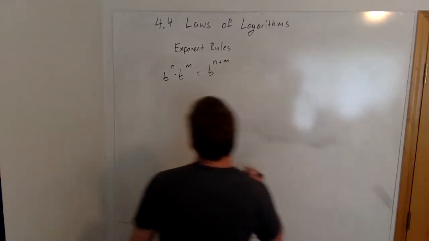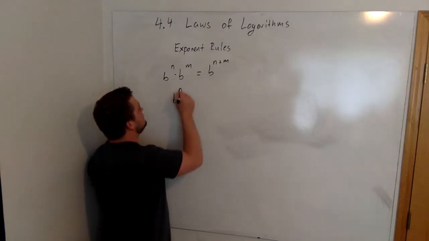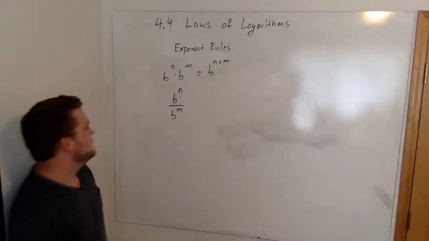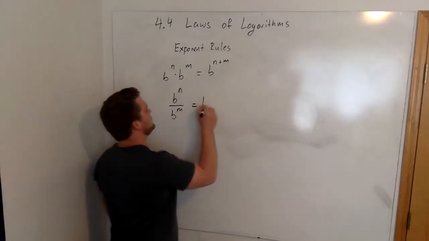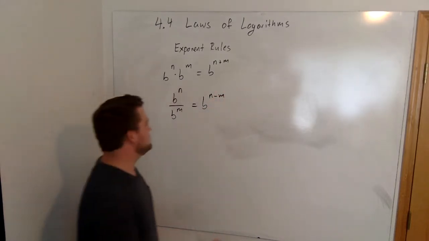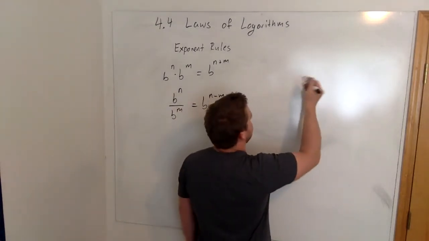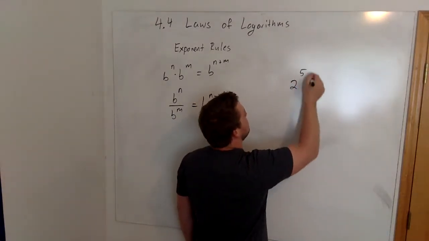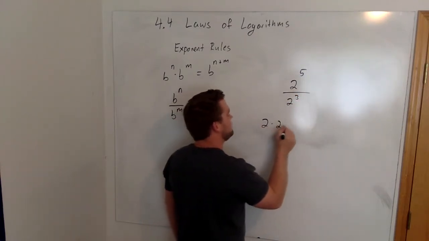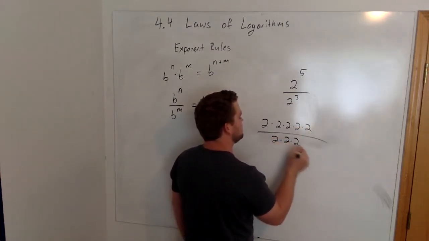What's another big one? What if we have b to the n over b to the m? In this case, they subtract, so we get b to the n minus m. Why? This just has to do with canceling. If we have 2 to the 5th over 2 cubed, that means we have 5 2's in the numerator and we're dividing by 3 2's in the denominator.